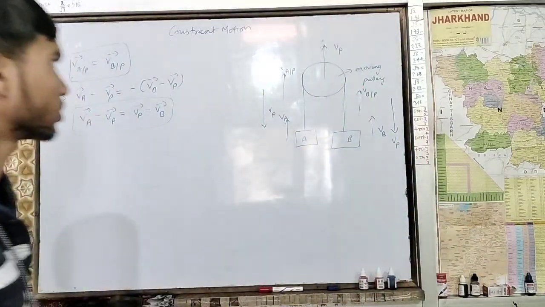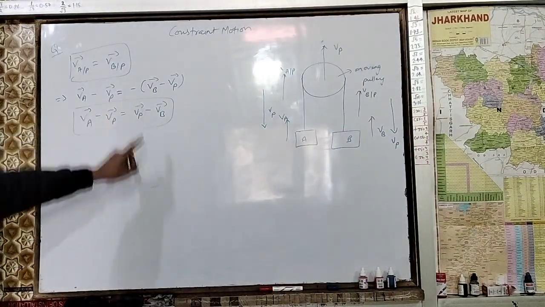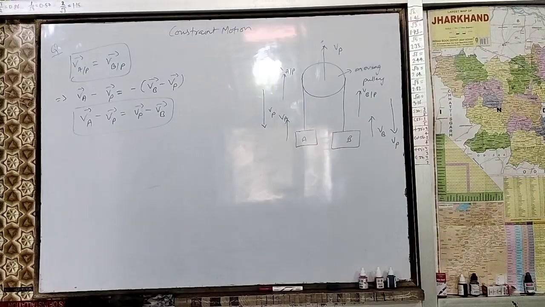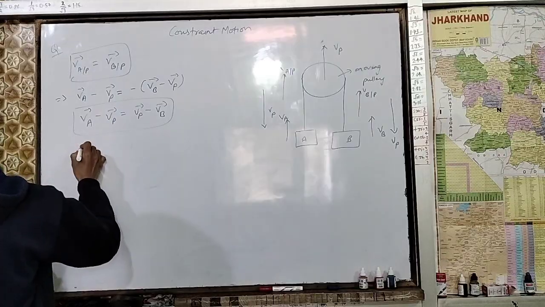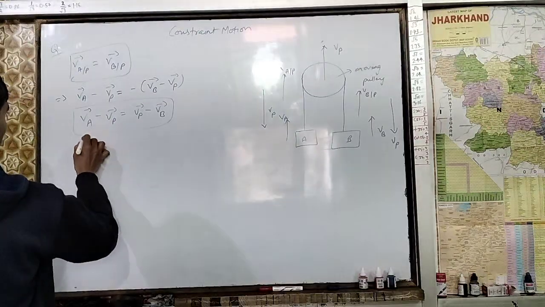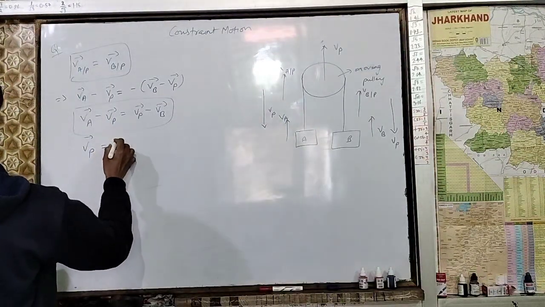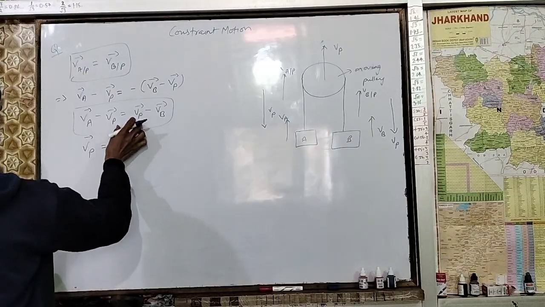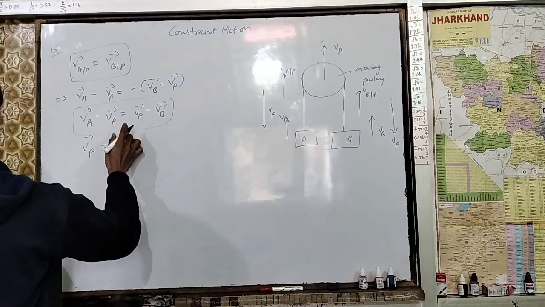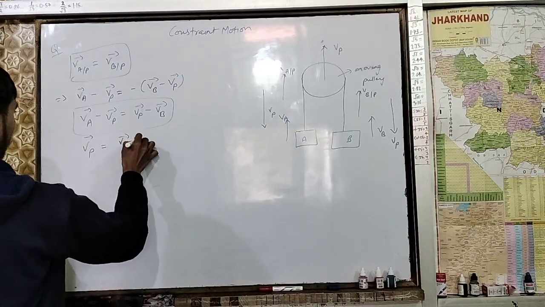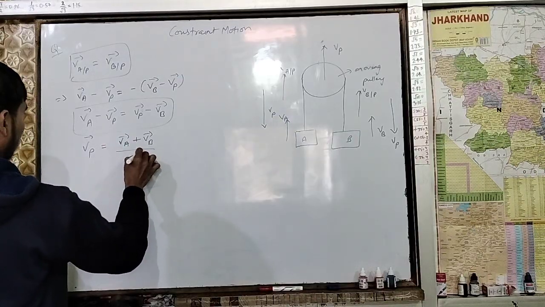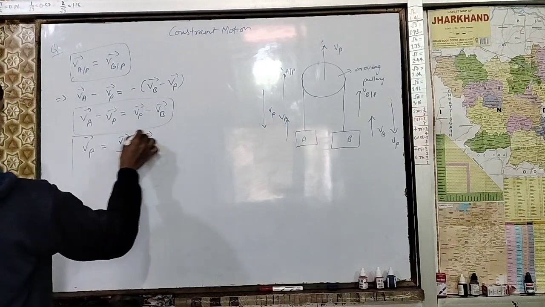Okay, the sign is the same. We just applied the negative sign. At the end, you will get an equation from this equation: velocity of P will be equal to velocity of A plus velocity of B upon 2. This is our final.